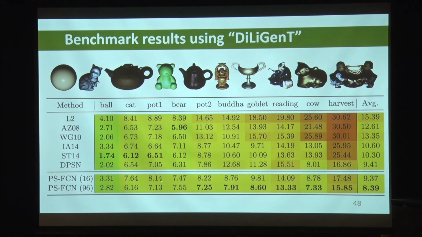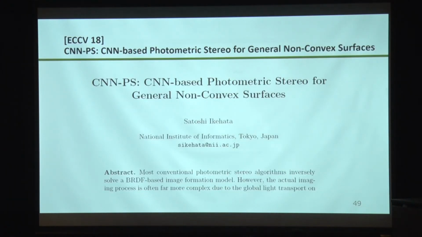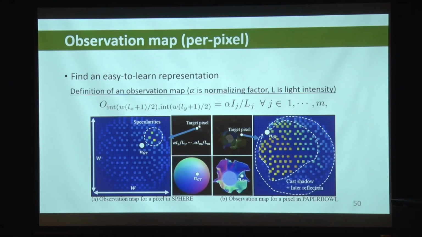But on some very diffuse objects, some of the conventional approaches without data-driven methods can achieve even better results. And it is interesting to note that in that year's ECCV, there is another paper from Professor Ikehara's group. This is a single author paper. It's also a solution for the same problem, but from a completely different angle of view.